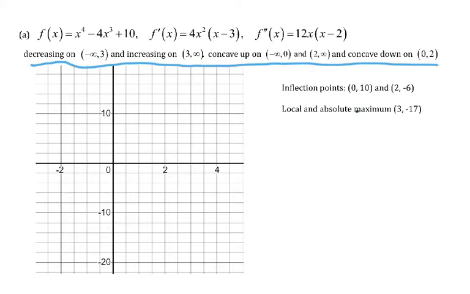We have a local and absolute min at 3, negative 17. Let's put that about here. This is kind of hard on the iPad. Okay, an inflection point at 0, 10. Add 1 at 2, negative 6. So that's where we change concavity.